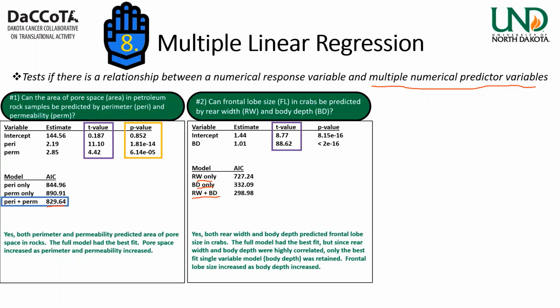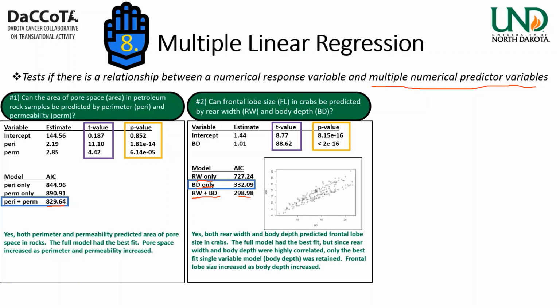And while it turned out that this model had the best fit, it turns out an important thing when you have multiple predictor variables is if they're highly correlated, you shouldn't include them together. Kind of the hand-waving way to explain this is if they're very highly correlated, they pretty much tell you the same thing, which is not useful.